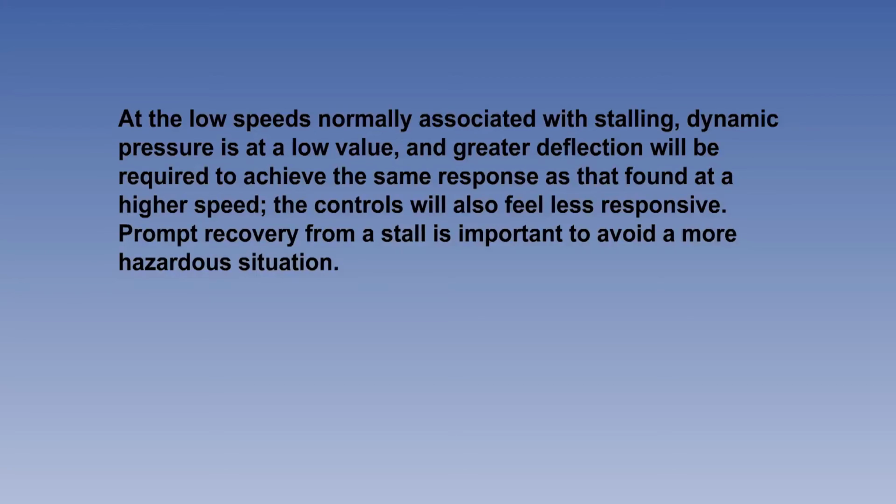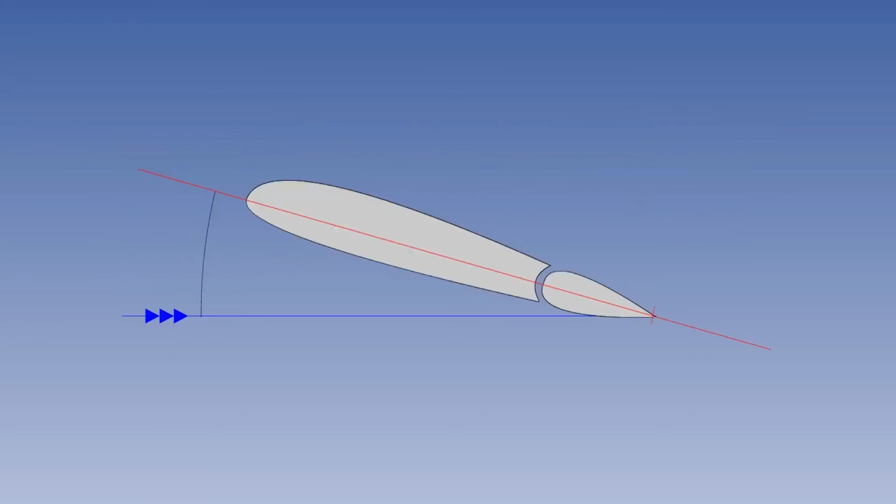If an accidental stall should occur, it is important that the recovery is effected before the process develops too far, with a large wing drop giving a high rate of descent or possibly leading to a spin. Moving a control surface alters the chord line and hence the angle of attack. An aircraft may have one wing which is less efficient than the other and stalls slightly before it, causing a wing drop.